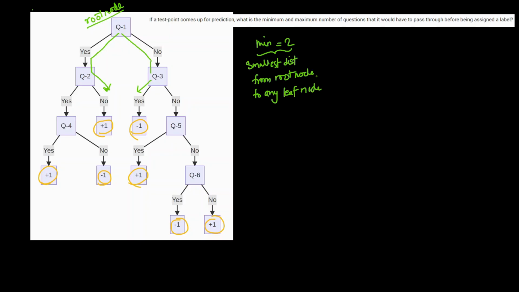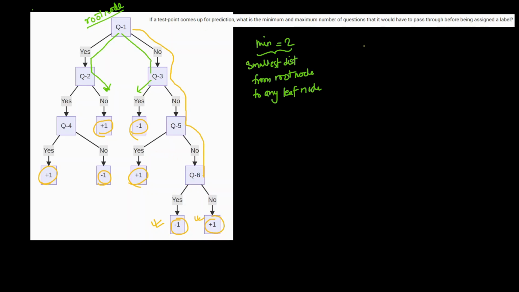So similarly, we can obtain the maximum. The farthest leaf nodes are say this or this one or this one, right? These are the farthest ones. So we go through 1 question, 2 questions, 3 questions, 4 questions, and then we obtain yes or no accordingly, right?